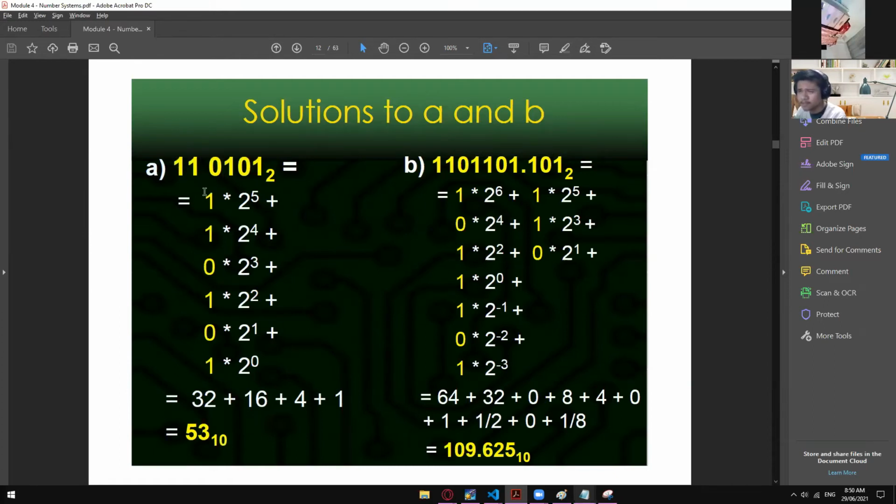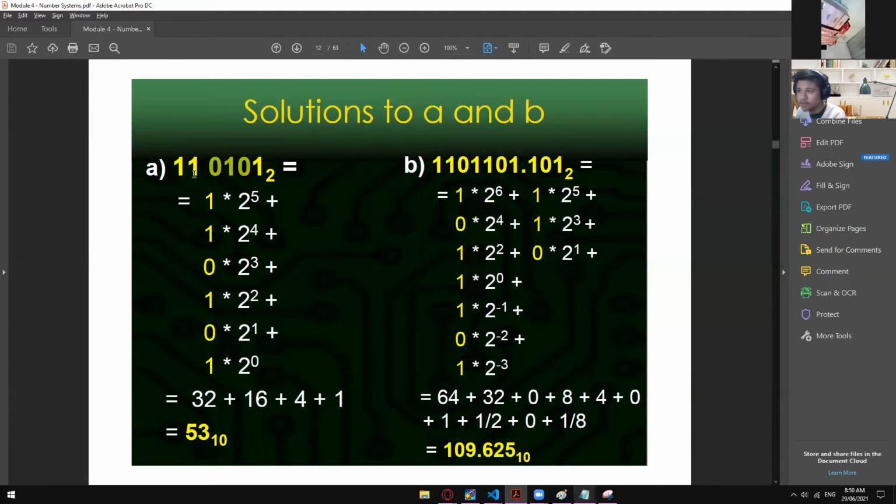Starting from here, it's 1, then 1, then 0, then 1, then 0, then 1.